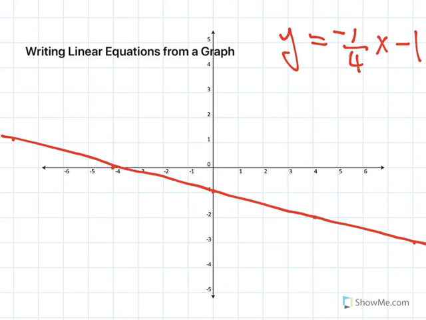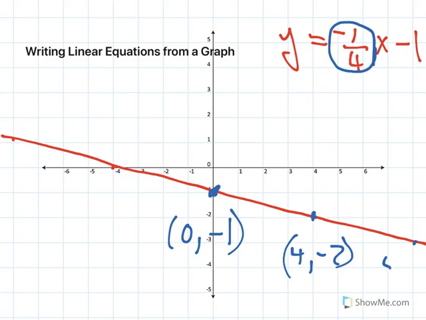Well, you already know the slope. There it is, -1/4. And you know at least one point right there at the y-intercept. That point is 0, -1. But do you know a few more points? Sure, there's one here and there's one here. So this is 4, -2.